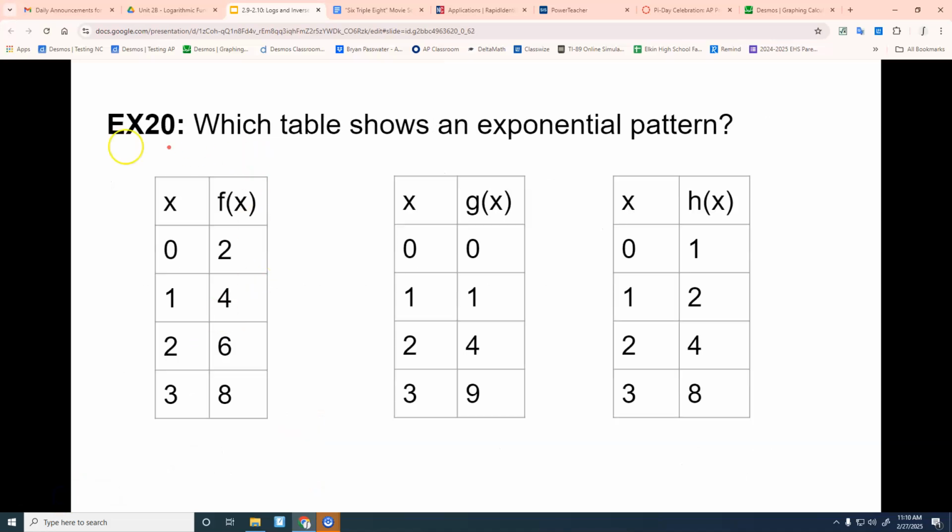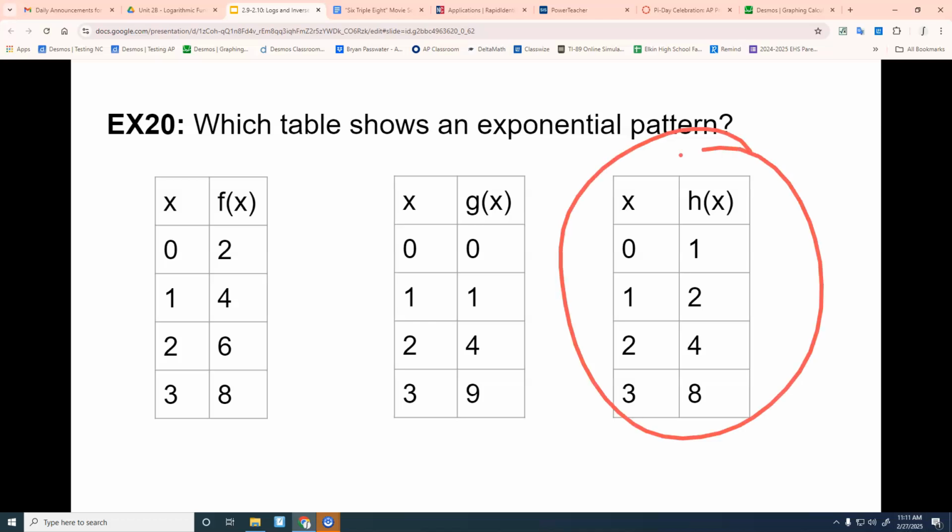Okay. This one asks us which tables show an exponential pattern. If we look at this, let's rule some out, because we should already be able to do this. Look at it real quick. Which one's exponential? This is not asking for logarithmic. This is exponential. Okay, it's that third one. This one just adds 2, adds 2, adds 2.